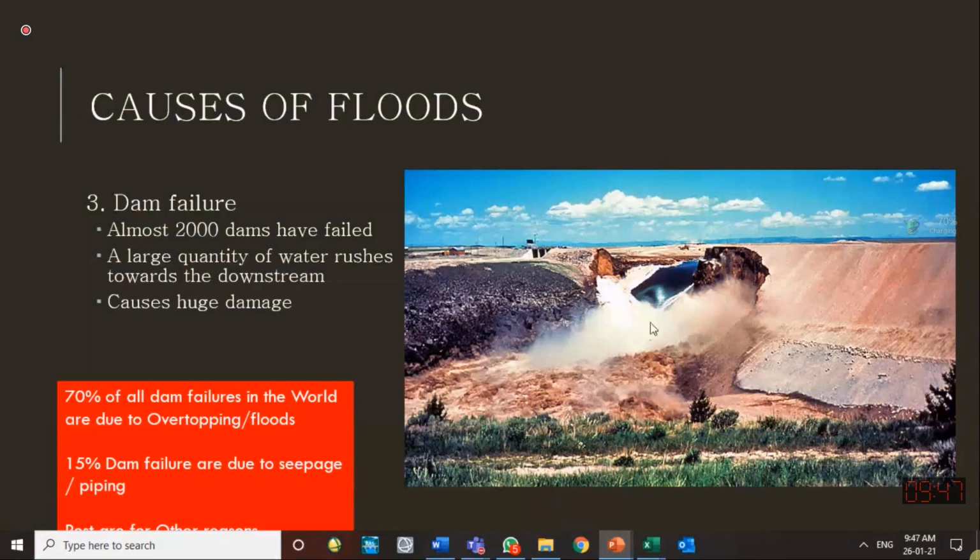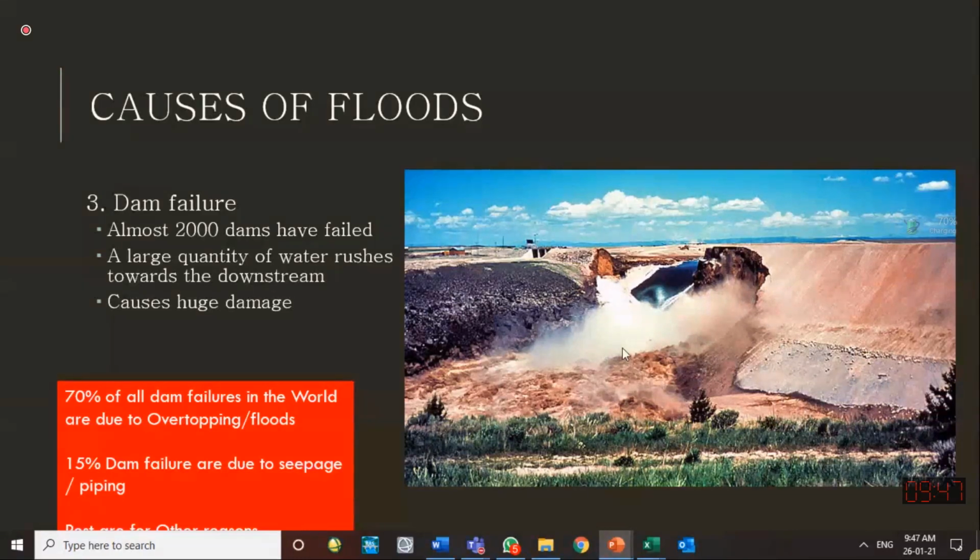So here is the event of the dam break is shown you on the right hand side. There is a dam, and I think this was a dam known as Teton dam in USA. In the 70s, this was broken, I think. Initially piping start. Piping means seepage through the body of the dam.